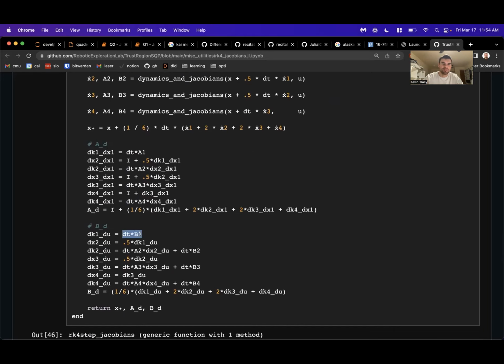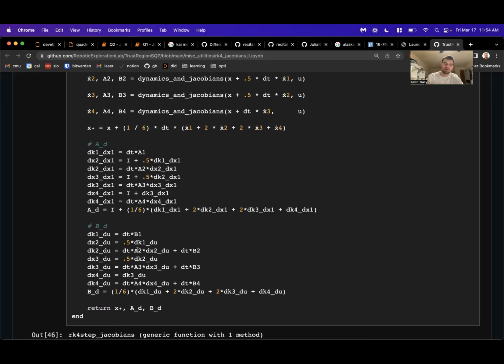And the same thing for B: all 4 of the B's show up, as well as all 4 of the A's. So when I form these discrete time Jacobians, I'm incorporating information about the state at 4 different points for RK4 between time step k and k plus 1, and that's how I get my AD and BD, or my discrete time Jacobians.